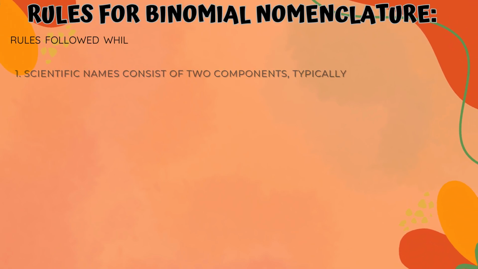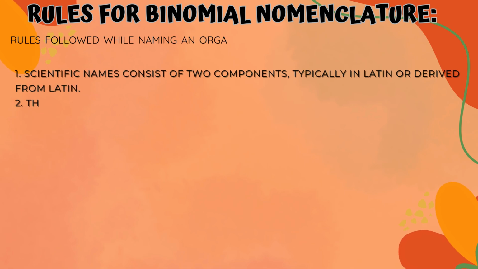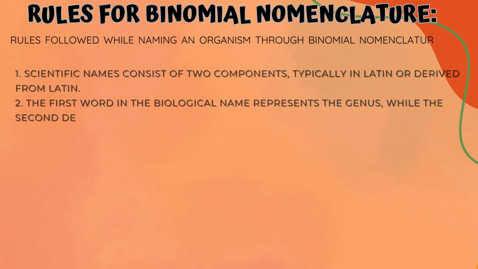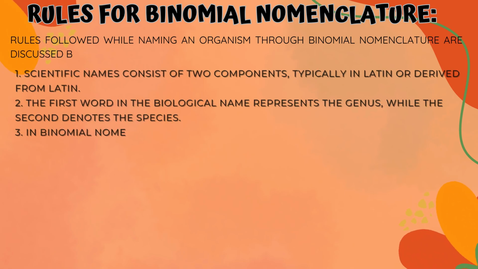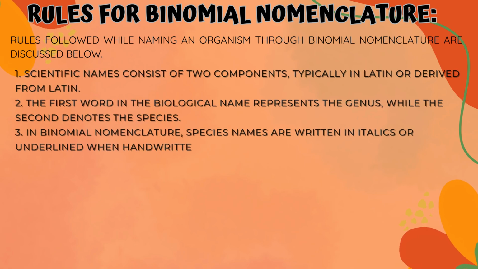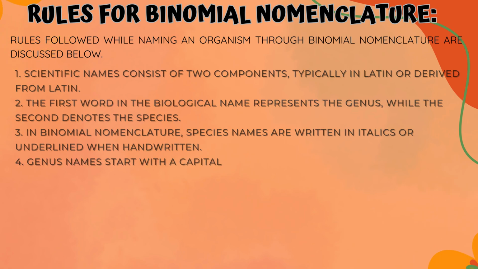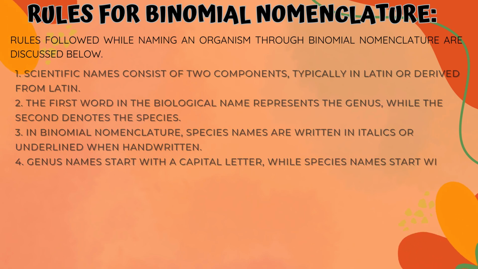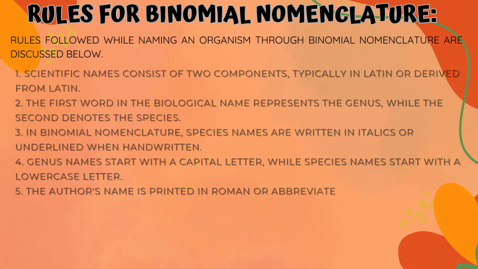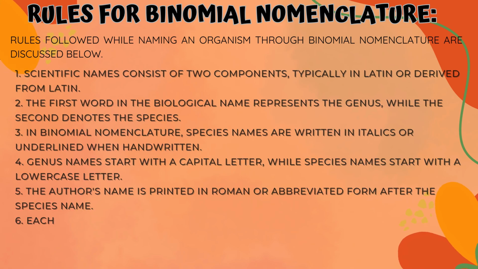Rules for the binomial system. First, a scientific name generally has two components in Latin or is derived from Latin irrespective of their origin. The first word of a biological name denotes the genus name, whereas the second one denotes the species. When applying the binomial nomenclature system, the name of the species is written in italics or underlined separately when handwritten.